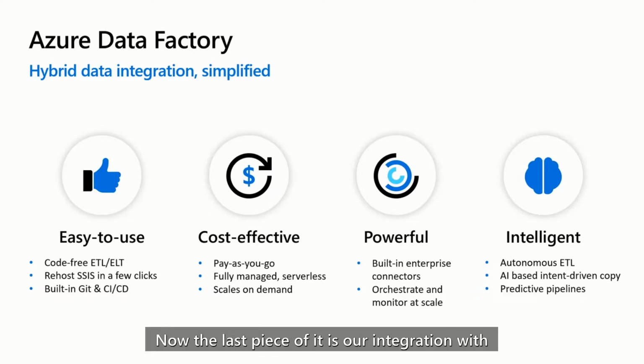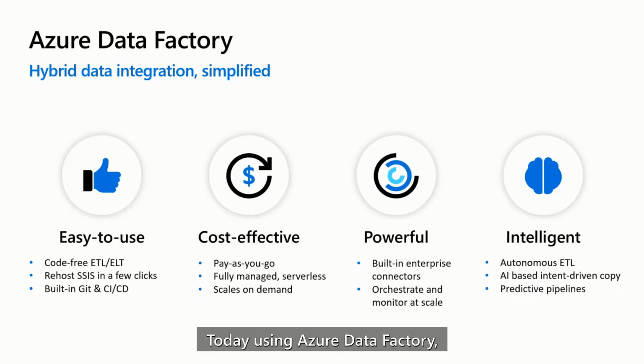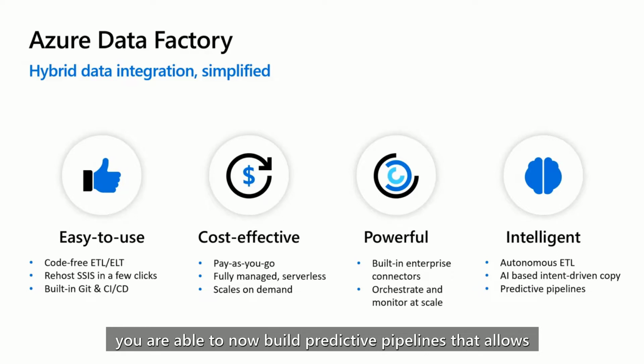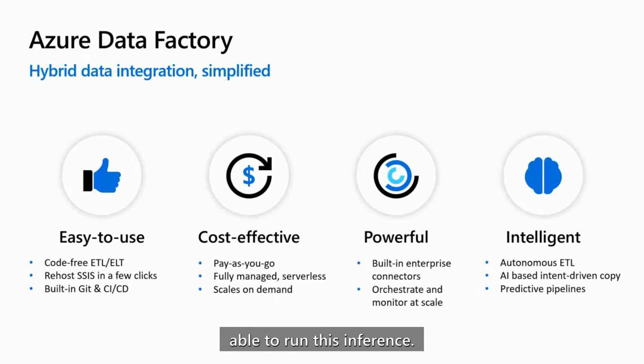Now, the last piece of it is our integration with the AI platform. Today, using Azure Data Factory, you are able to now build predictive pipelines that allow you to connect with models that you have deployed in an AI platform, or specifically Azure Machine Learning, and be able to run this inference at an amazing scale.